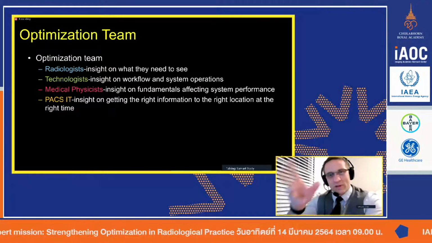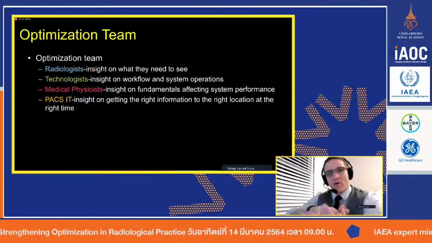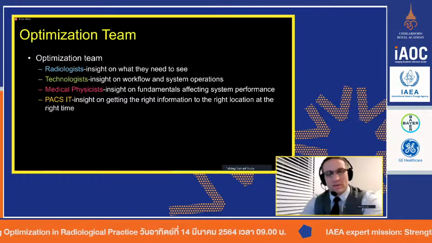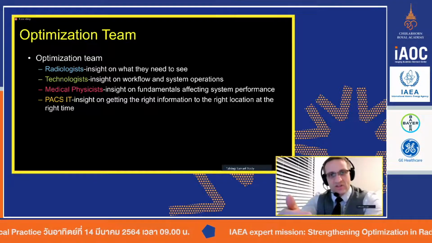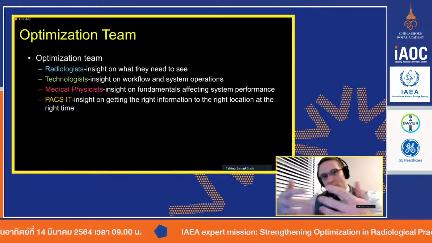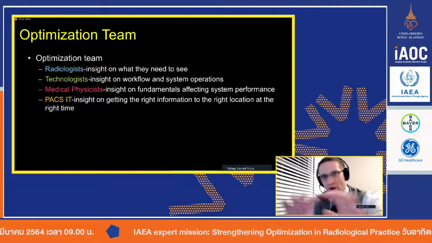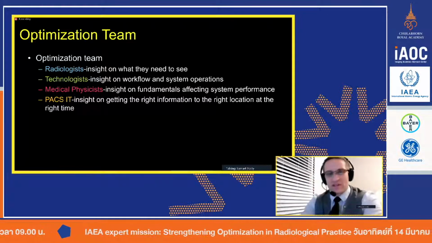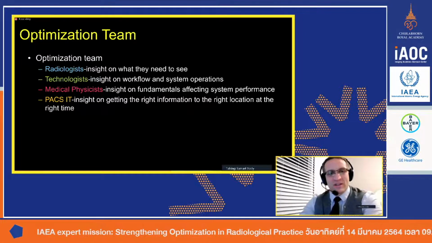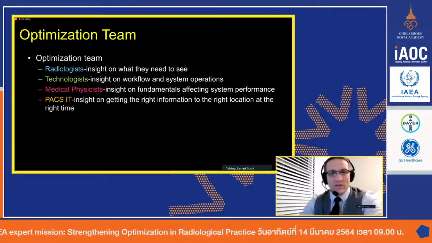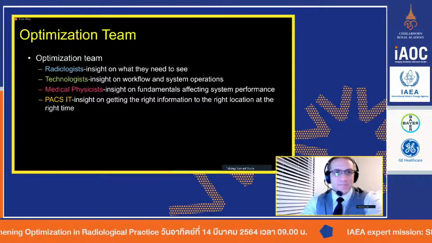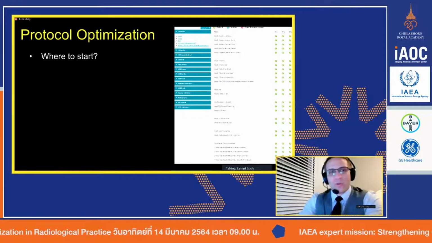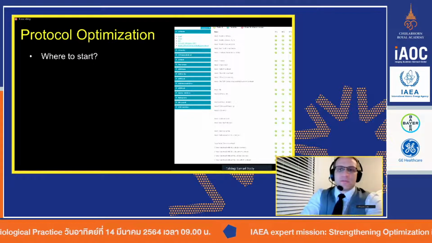PACS can create the hanging order and push it off to the proper reading room workstation. The images will appear as they need to, in the right order, according to the series, etc. It's a very complex process. And so we need someone that can help us get the right information to the right location at the right time. So where can we start when it comes to protocol optimization?